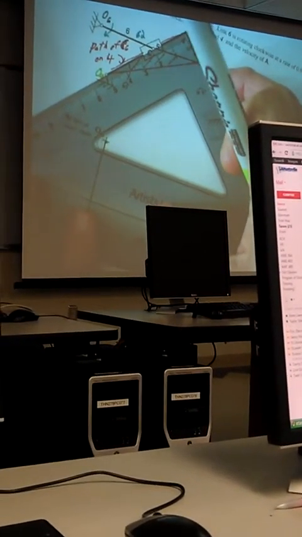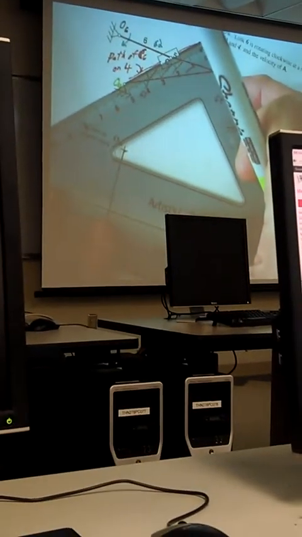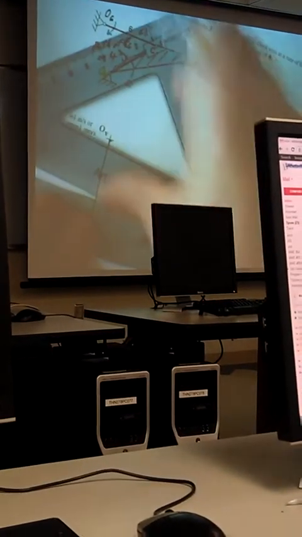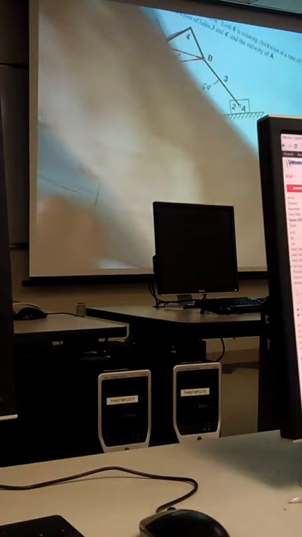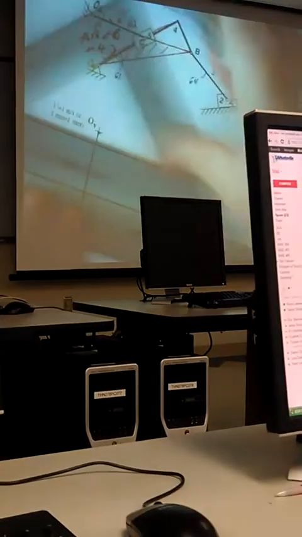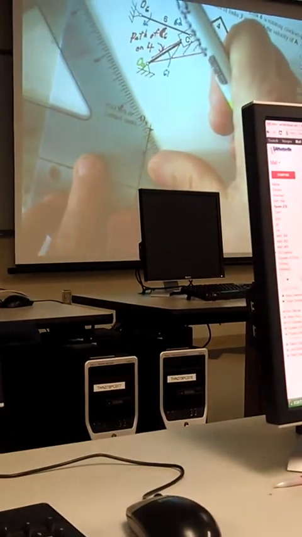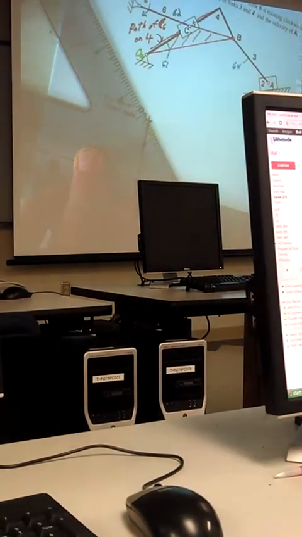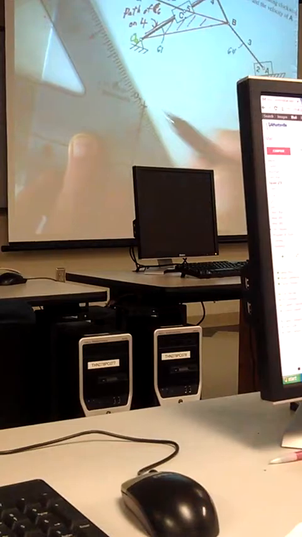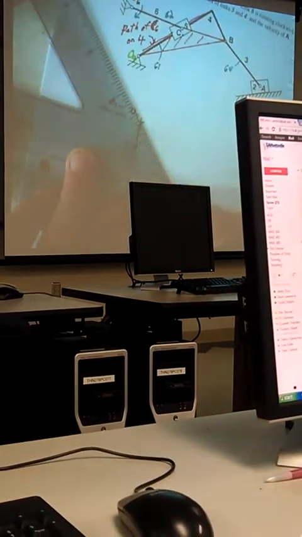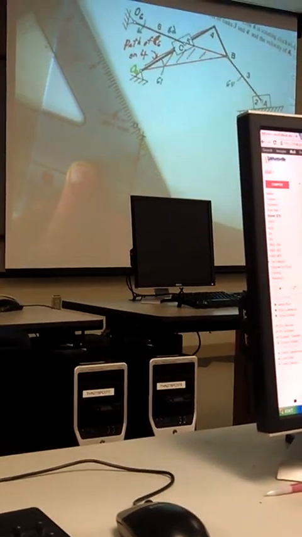Put one side of the triangle on that length. I know the relative velocity is perpendicular to that line. So I slide it over and draw the direction of the velocity of C4.